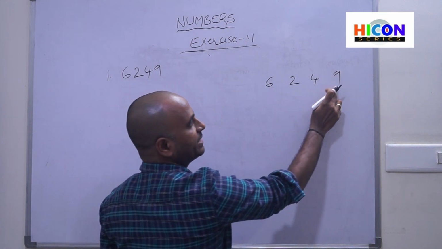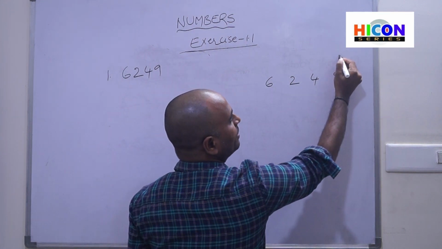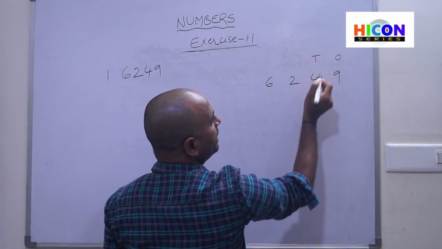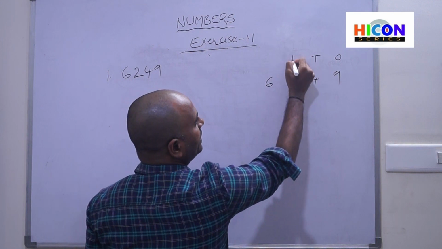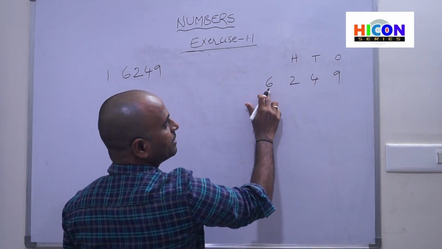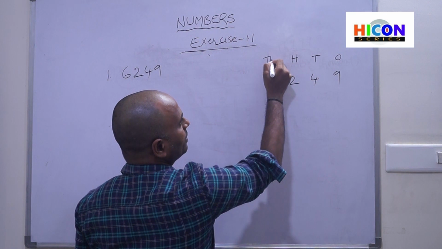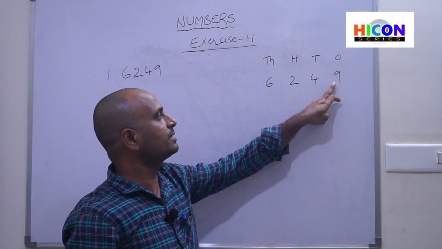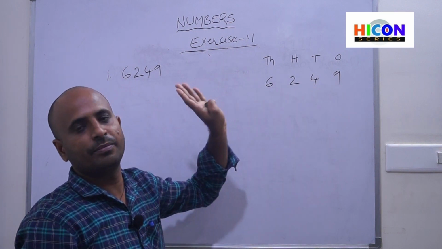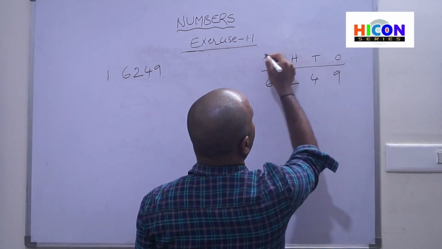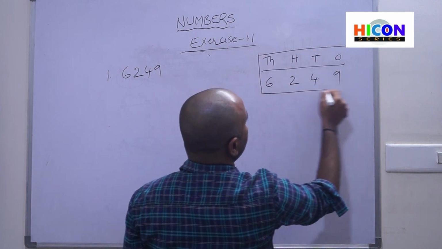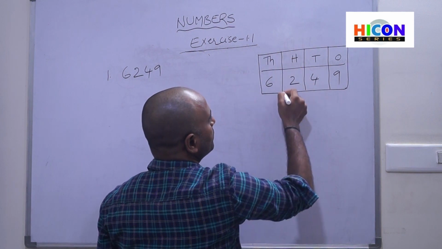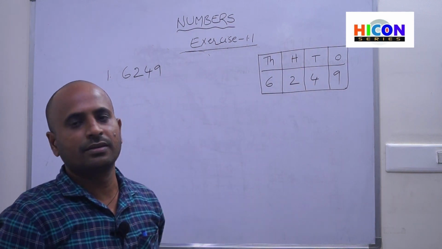Now write the places. 9 is present in ones place, 4 is present in tens place, 2 is present in hundreds place, and 6 is present in thousands place. So draw a table like this. This is called a place value chart.